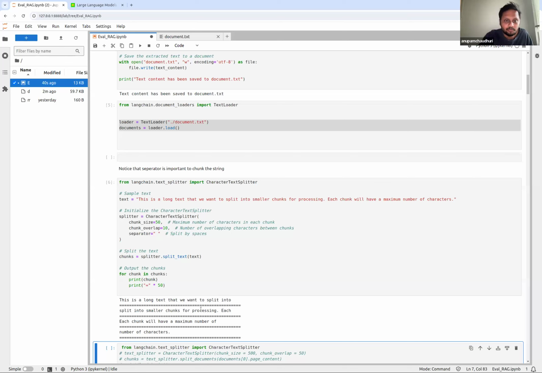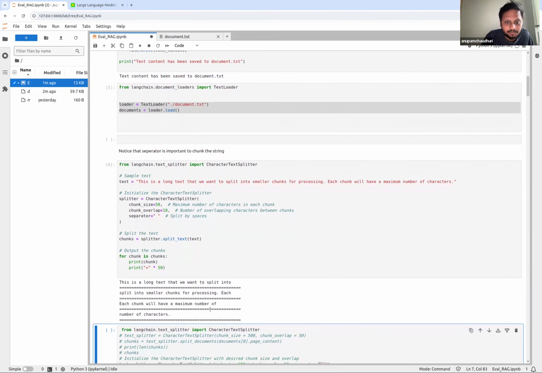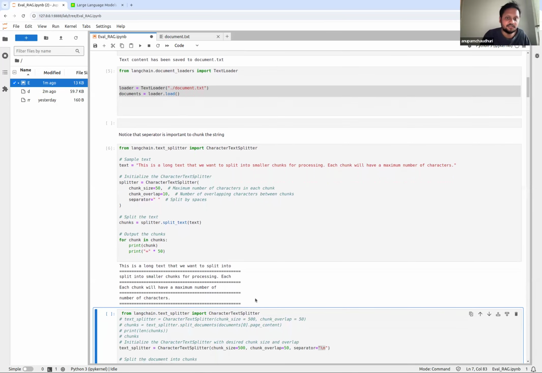With the splitter class, we give the parameter of the size you want to split, like 50 characters, and the overlap is 10 characters. The sentence is split into bits like 1, 2, 3, 4. This is a long text that we want to split into. Then split into is the intersection, that is the 10 characters that we said. So these are called chunks.